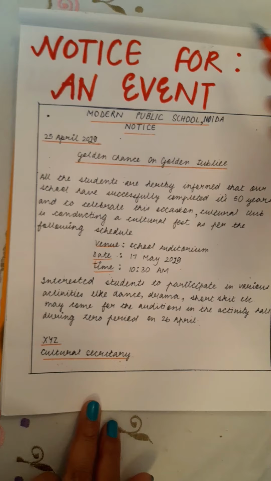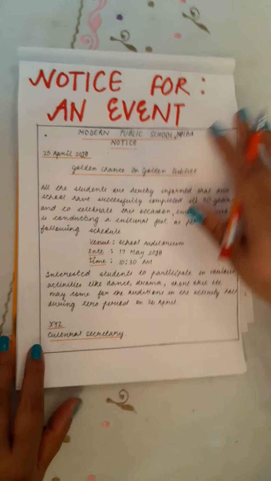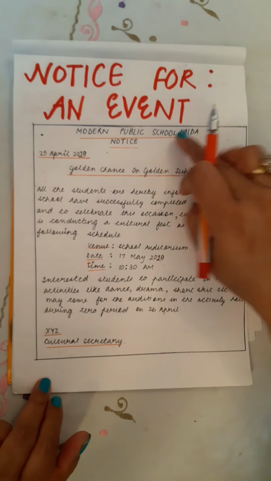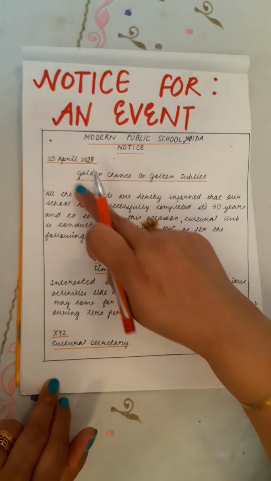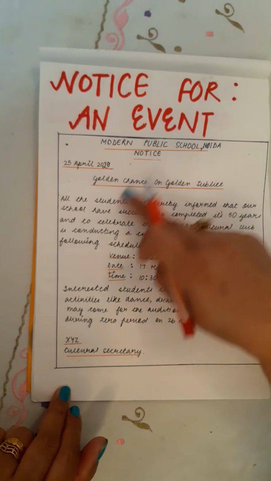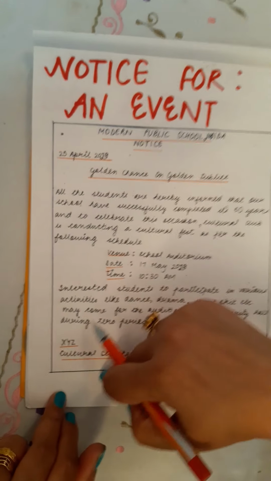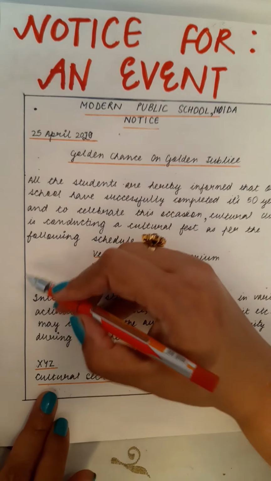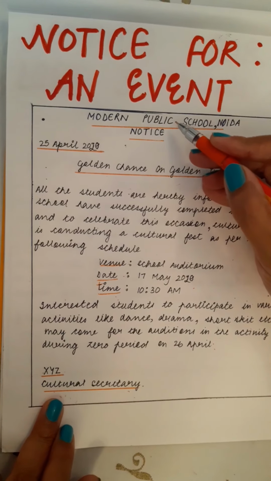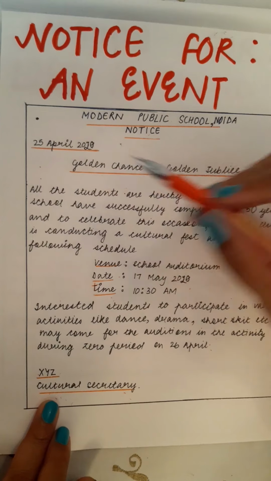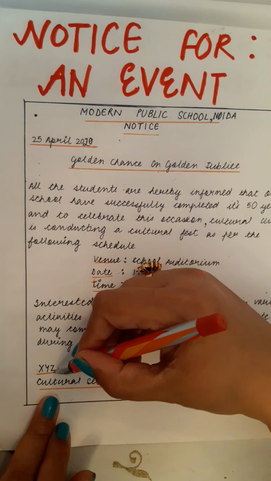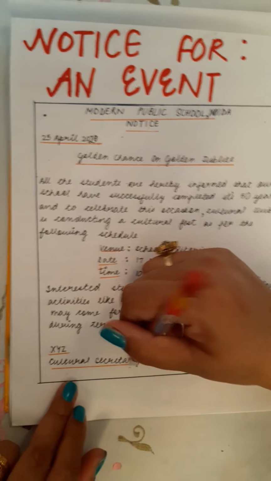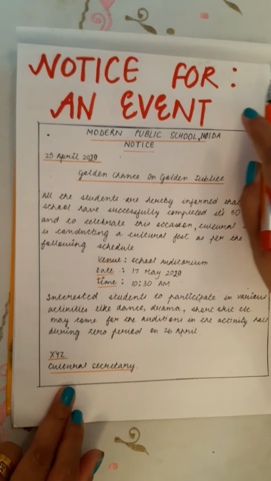So this is what will give you 4 marks, because all these things which I have underlined with orange pen come under formatting. So this box as well as the name of the institute, notice, date, heading, name of the writing authority and the designation carries entire 1 mark.